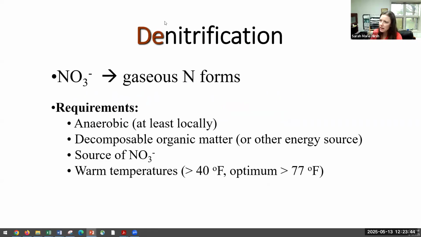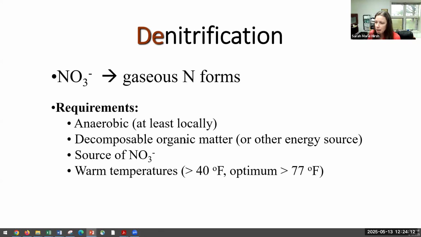Now we're going to talk about denitrification. That is, again, where the nitrate form is being converted to the N2 gas form. And this is an anaerobic process. So if you have a lot of flooding, like the opening photo where you saw the cornfield underwater, that is prime conditions for any nitrate to be denitrified and to be lost as N2 gas.